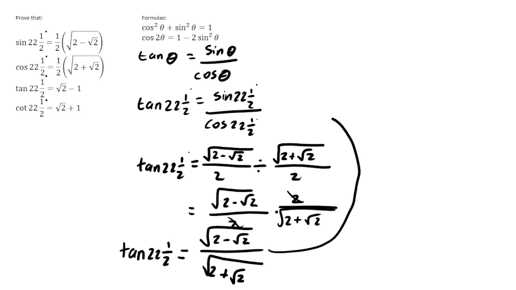So what we can do now is we can take the conjugate pair of this, which is 2 minus root 2, and multiply it with both the numerator and the denominator. So why would we do that? It's to, as I've said before in previous videos, get this equation, a squared minus b squared.